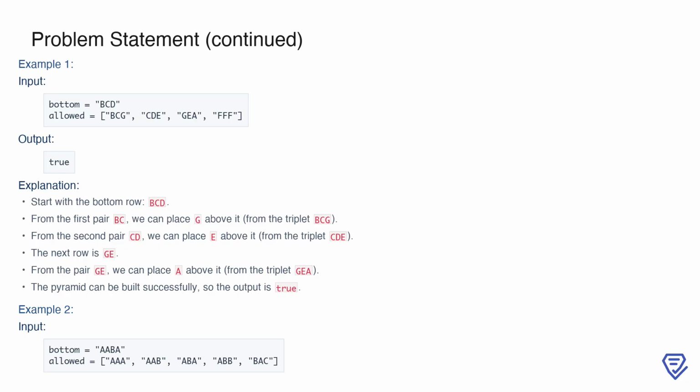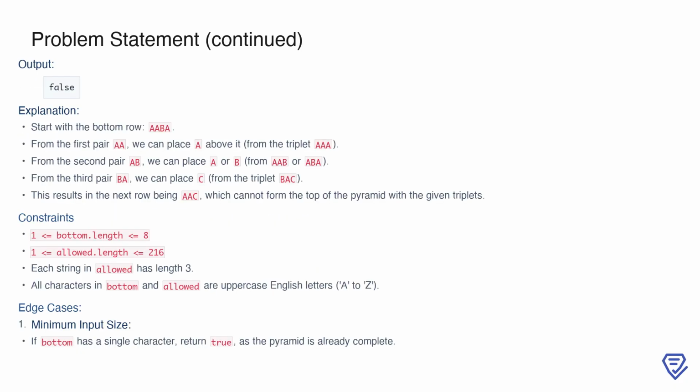Let's look at another example to see a case where the pyramid cannot be completed. In the second example, the bottom string is AABA, and the allowed triplets are AAA, AAB, ABA, ABB, BAC. Starting with the bottom row AABA, we first look at the pair AA. The triplet AAA allows us to place A above it. For the next pair, AB, we have two possible options, A from AAB, or B from ABA.